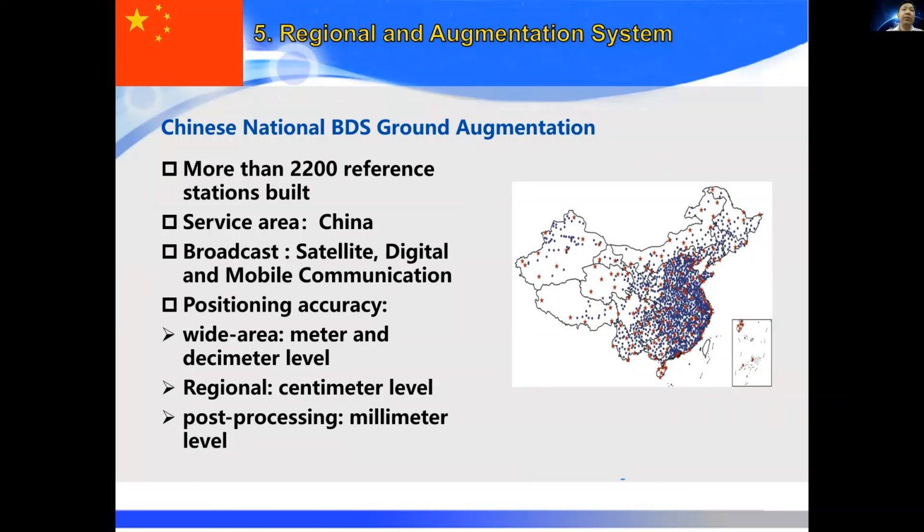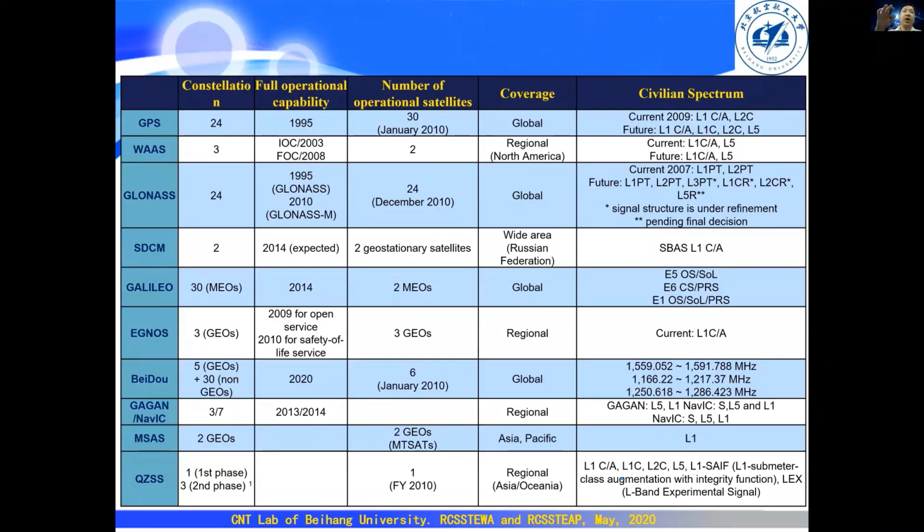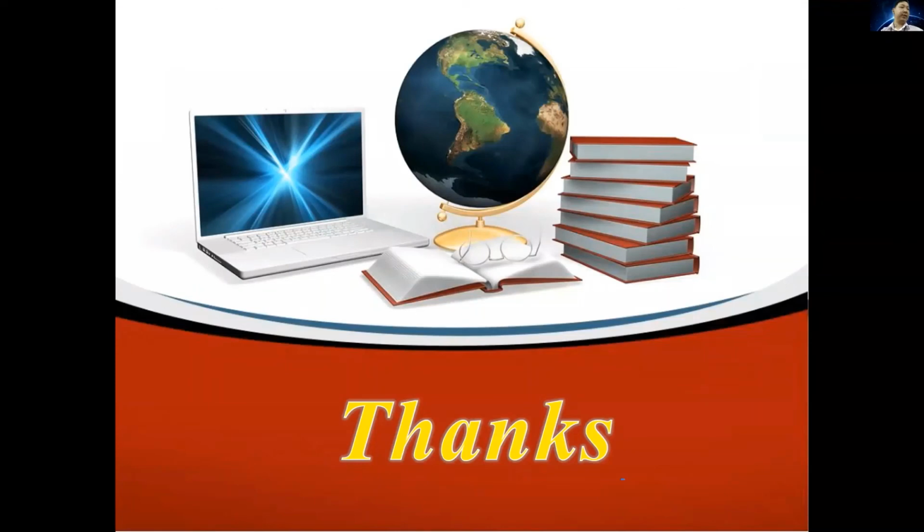For regional, they can have centimeter level, but for post-processing, the augmentation system can have millimeter-level accuracy. Okay, so I give an overview picture for this one. You may see how many constellations are fully operational, the coverage status and the civil spectrums in this table. The time is limited, so sorry for a little bit of delay.